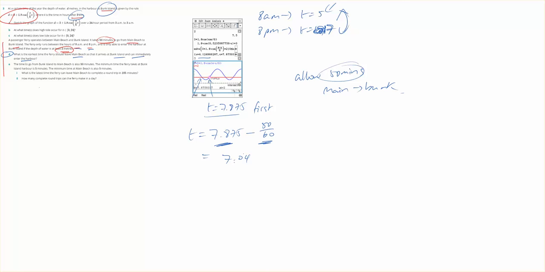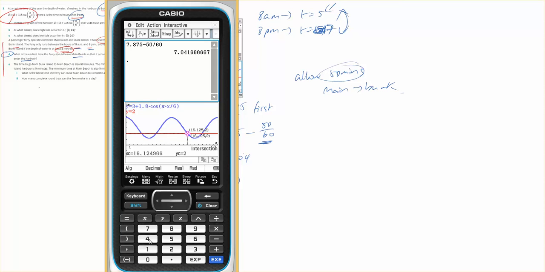T equals 7 is 2 hours later, which is 10 a.m. Plus 0.04, which we need to convert to minutes because it's in decimals. So 0.04 times 60 is 2.4.